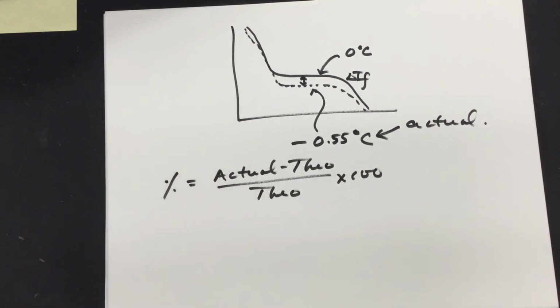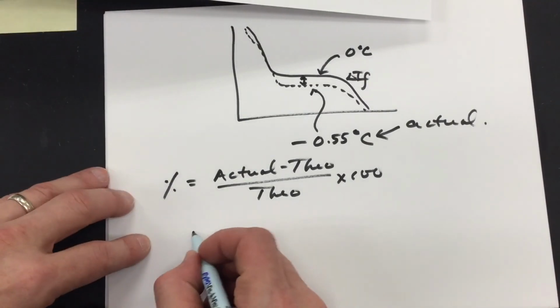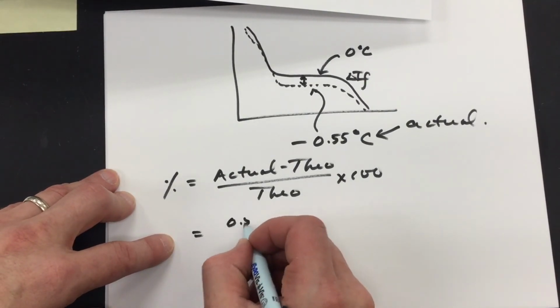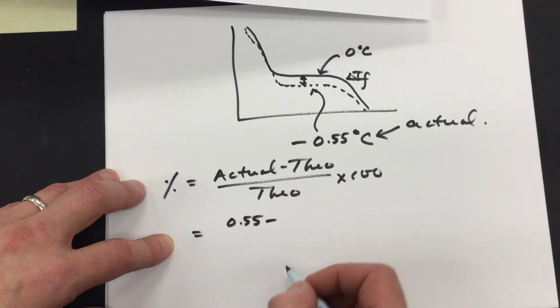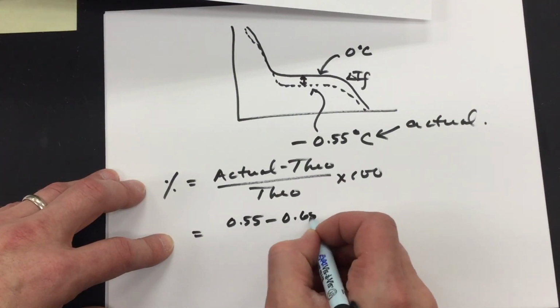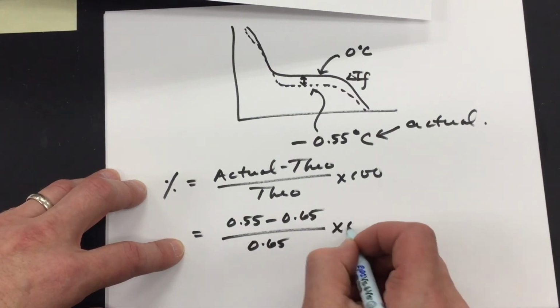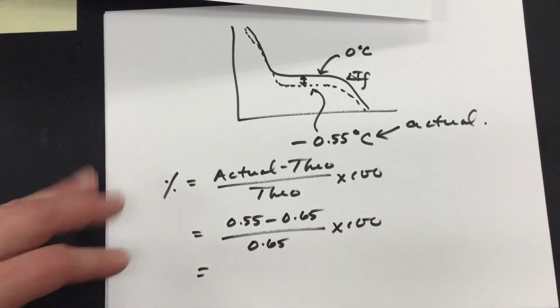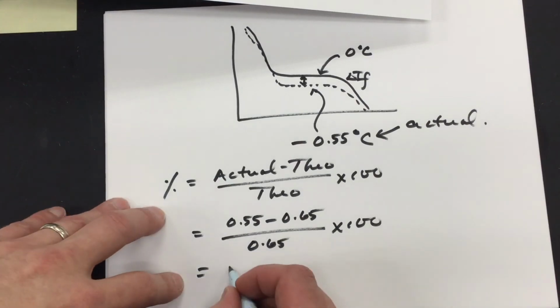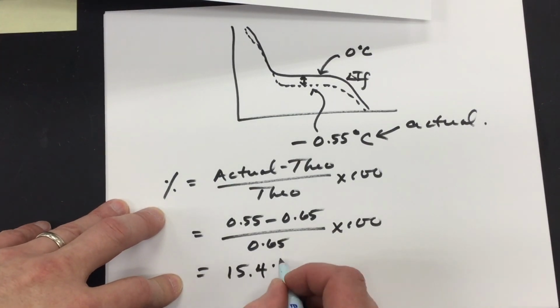Now I'm going to do it with absolute values. The negative signs can be a mess. So let's just make them positive and do their differences, okay? So that actual is 0.55 if we did the absolute value. The theoretical is 0.65. Multiply that by 100, and you'll get a percent error of something like 15.4 according to these numbers.